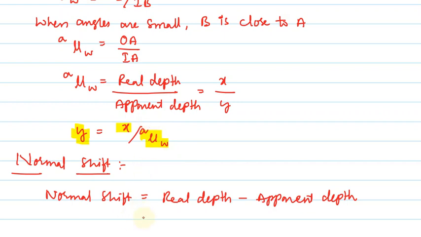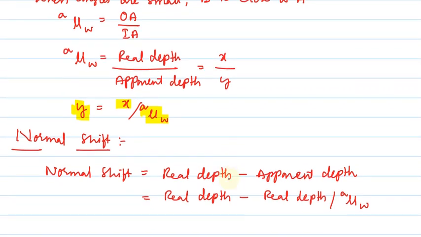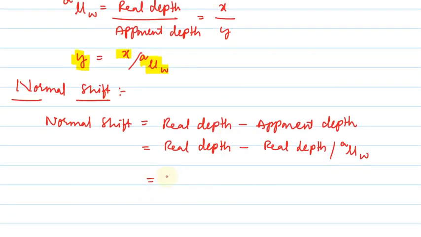If I substitute this, I can write real depth minus real depth upon refractive index of water with respect to air. Let us take real depth common. Then I can write real depth of 1 minus 1 upon refractive index of water with respect to air.